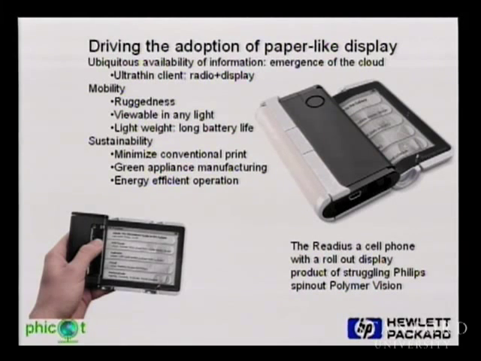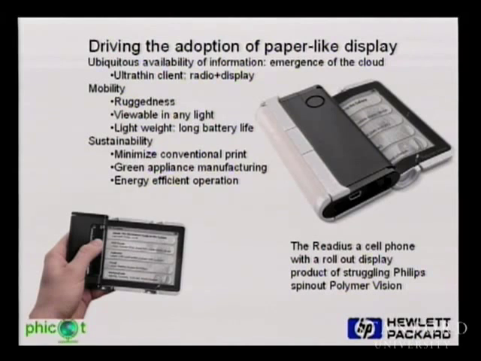So what kind of things are going to drive this? And I think a lot of it is just that trend, the secular trend towards mobility. We want our information with us all the time, anywhere. We want to see it any place. And to have that mobility, then you also want to have all those other things like ruggedness and infinite battery life, and make it huge, make it small, all those things.